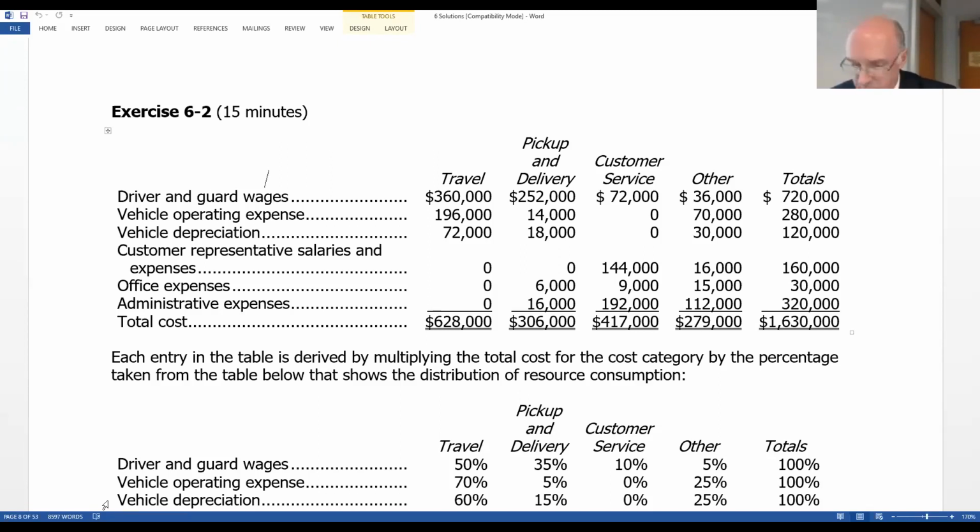So they have it in percentages. I'm not going to go through all of them, but let's take a look at the first one. Driver and guard wages, 50% is allocated to travel, 35% to pickup and delivery, 10% to customer service, and 5% for other. So the requirement, complete the first stage allocation of costs to activity cost pools as illustrated in Exhibit 6-6.